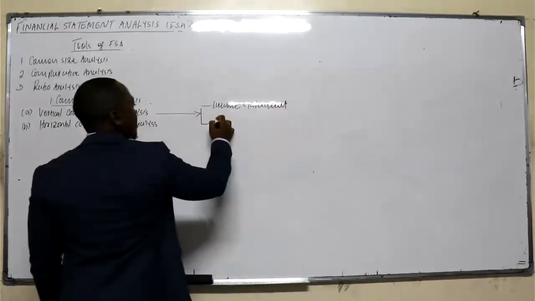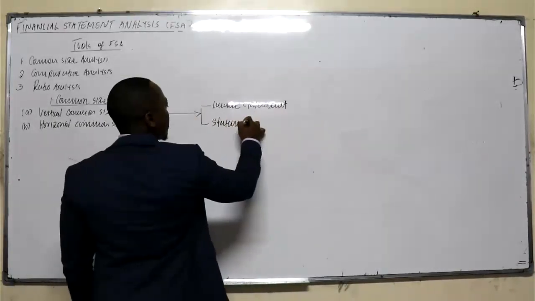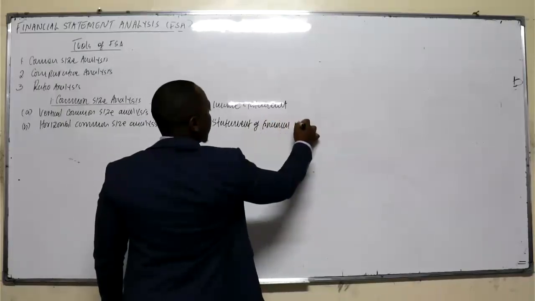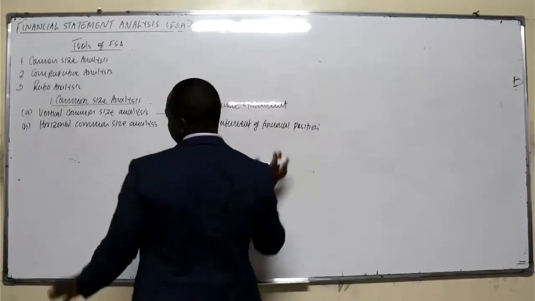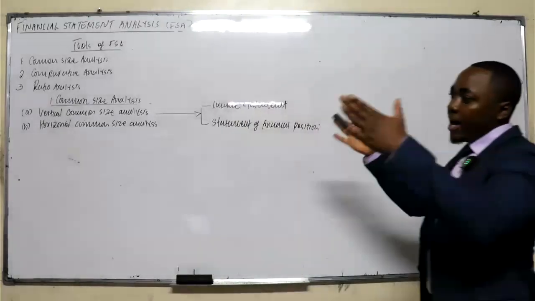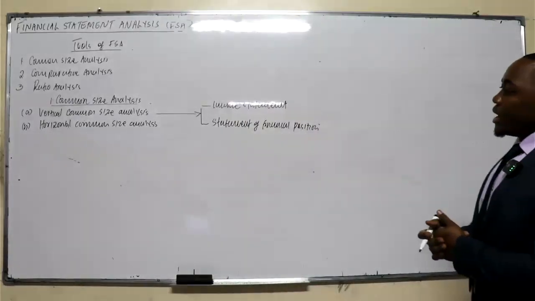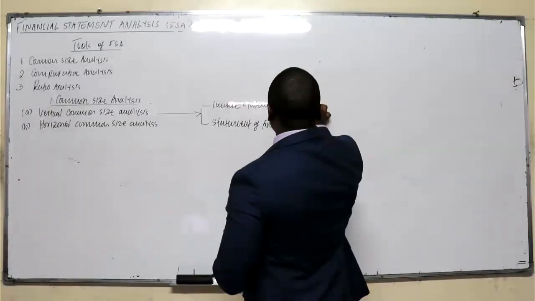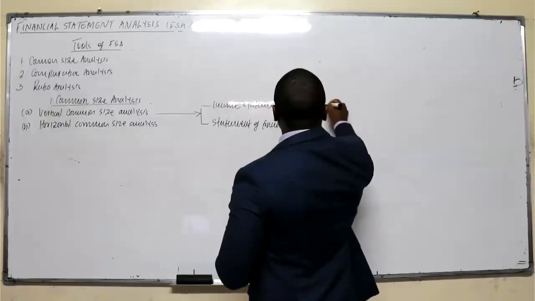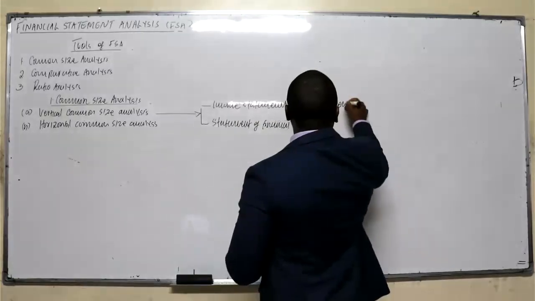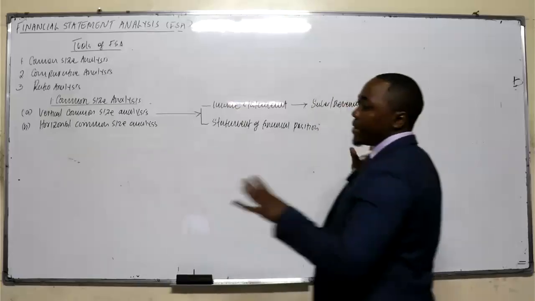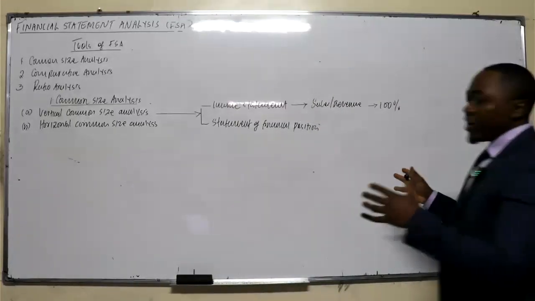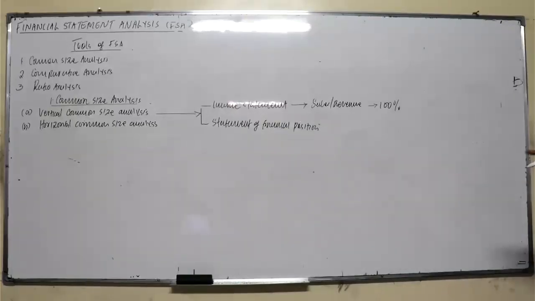whereby we have the income statement. Also, we evaluate the statement of financial position. You identify a base case, and then you express all the other items in the financial statement to the base case. You hold the base case to act as 100%. For the income statement, the sales or the revenue will act as the base case, whereby you hold the revenue to be 100%. Then you express other items as a percentage of sales.